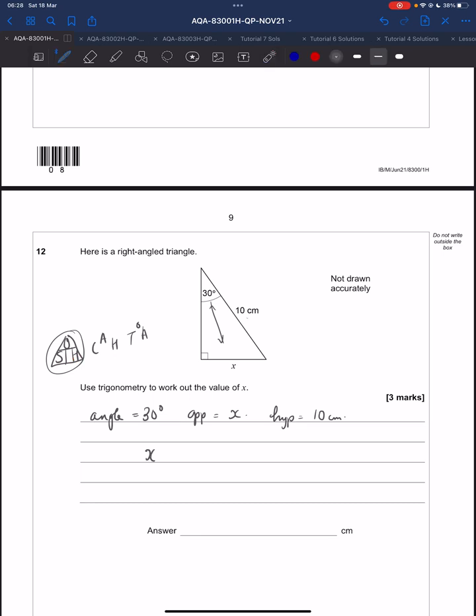So X, opposite, is sine of 30 degrees times the hypotenuse, which is 10. Now sine 30, that's one that you need to memorise. That's a half. Times 10. So it's going to be 5 centimetres.